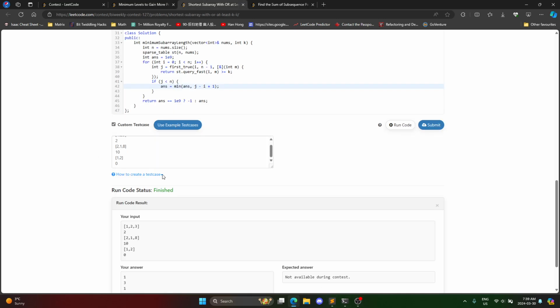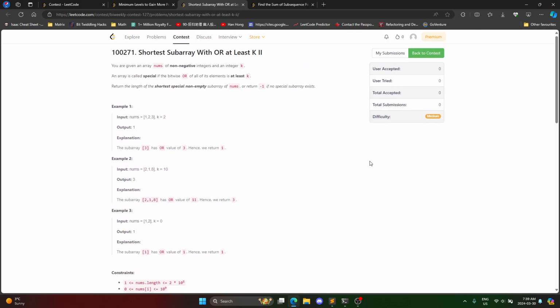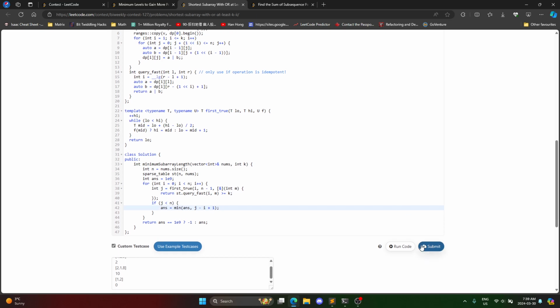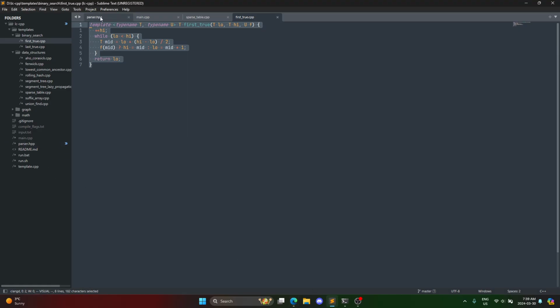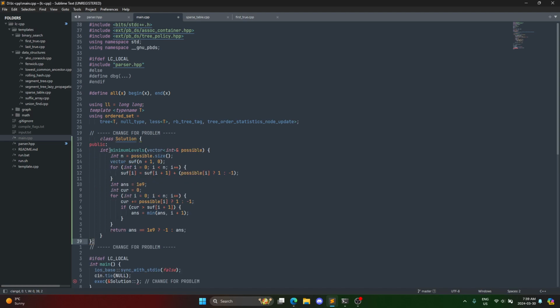I'm just gonna debug this. 131. I think this is correct. Let me double check. Okay. Yeah, I'm just gonna quickly debug this. Why is the second test case giving me two instead of the answer three?